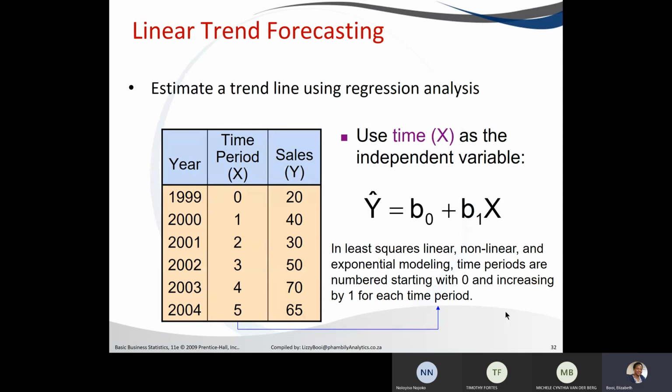So we use the regression analysis trend line, which is your y hat equals B0, which is your intercept, plus your slope, which is B1x, where we use our x as our independent variable to predict what our y value will be.